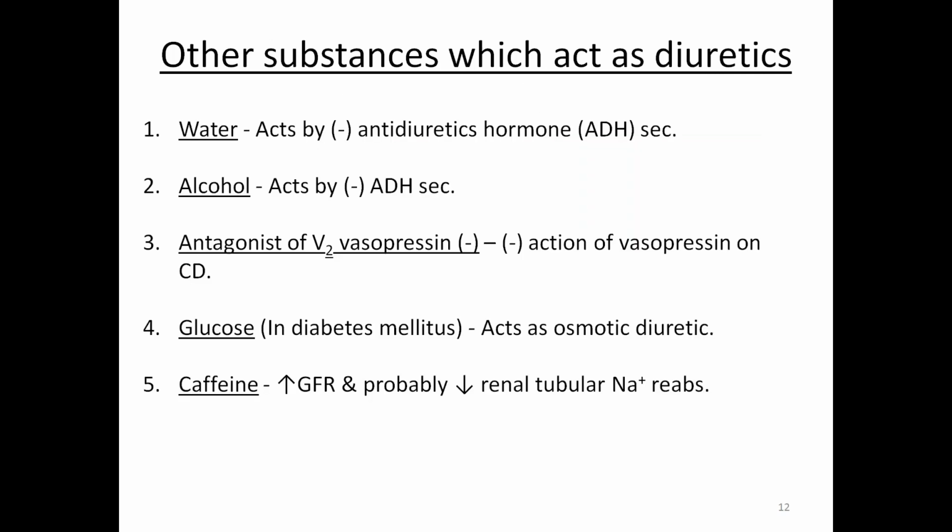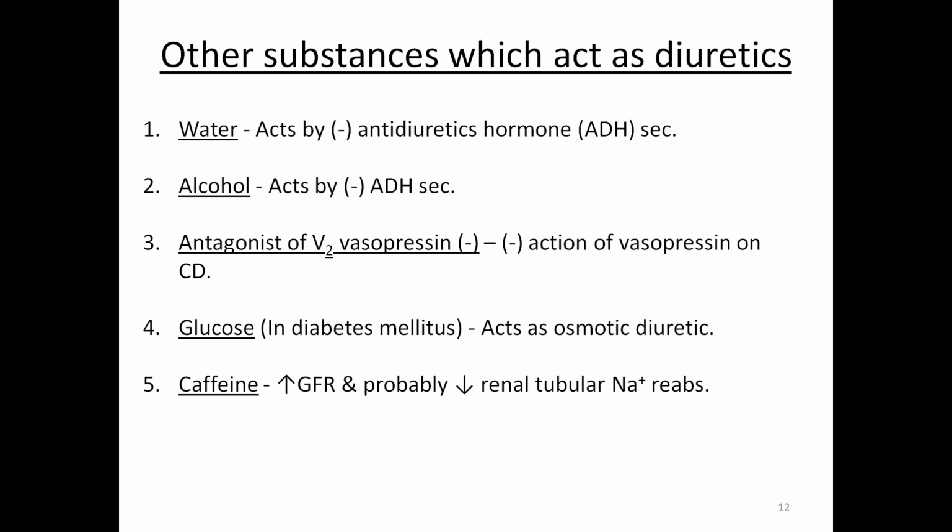Then, besides these, there are other substances which also act as diuretics. What are they? So water acts by inhibiting antidiuretic hormone, ADH, secretion. Then even alcohol acts as a diuretic. It acts by, again, the same mechanism, inhibiting ADH secretion.